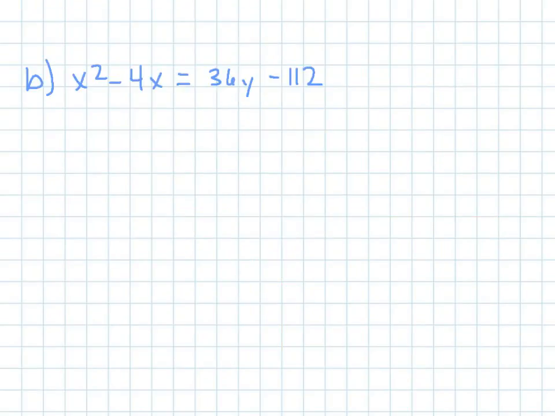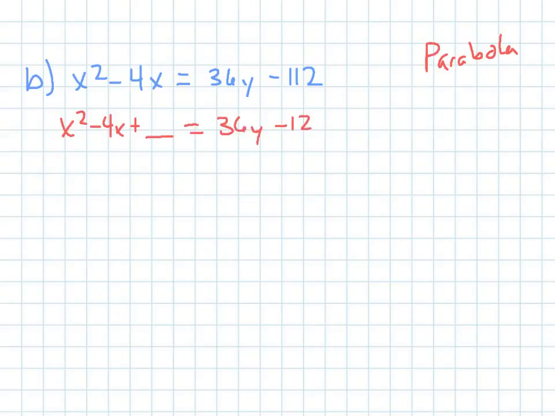So here I have x squared minus 4x equals 36y minus 112. Okay, now when you're dealing with these, this is a parabola. So this is where the completing the square happens, because I need to have a perfect square on the side with the square to figure out what my center is. So I'm going to have to add a value to one side.